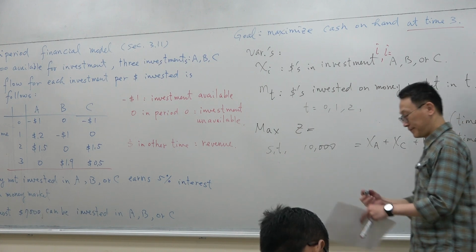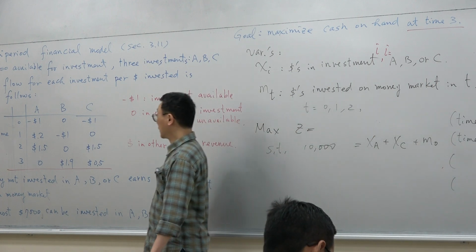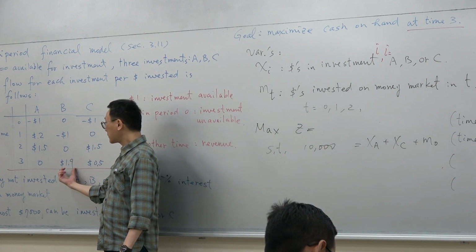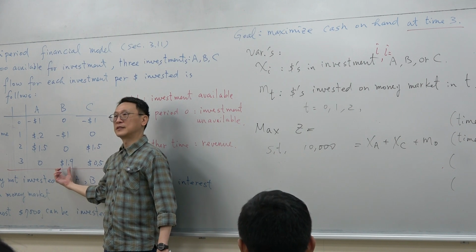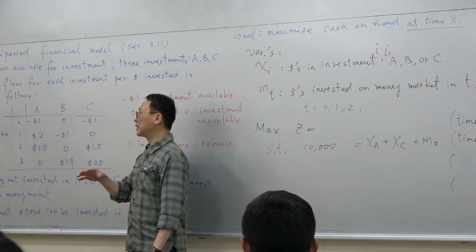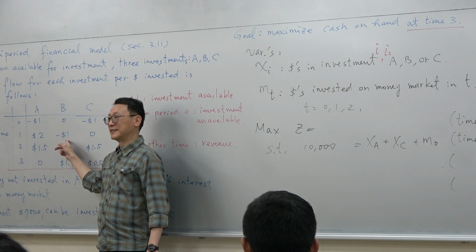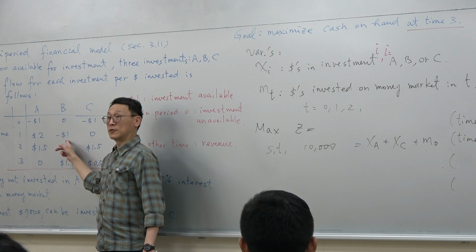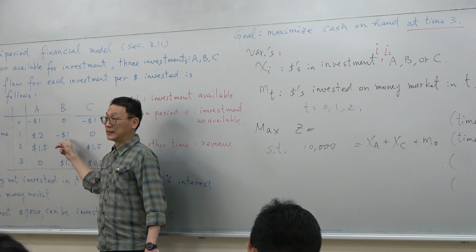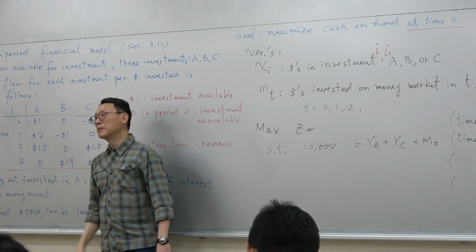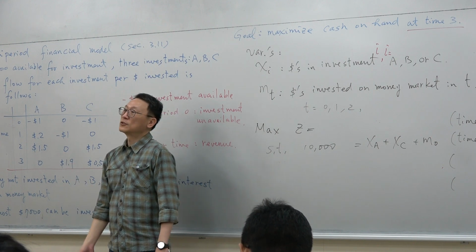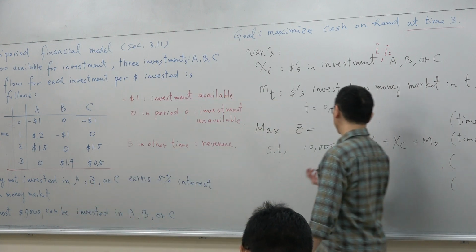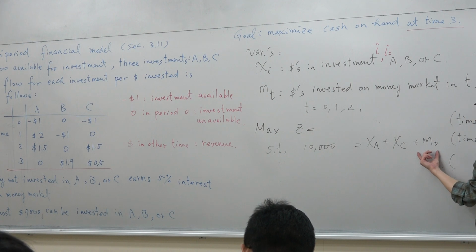What do you think about that? You can see investment B returns 1.9 at the end of time 3, so we'll probably keep some money for the period 1 investment in B. But simply holding this money is not good enough, so we put it into the money market to earn something.